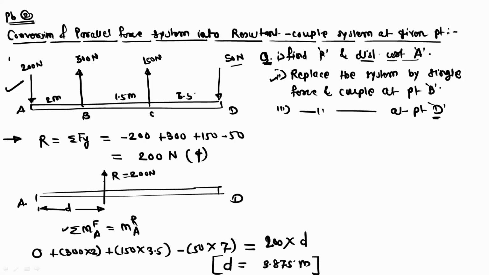Okay. So as the distance D is 3.875, the resultant will act in between point C and D. Okay, so this is the exact location of the resultant.